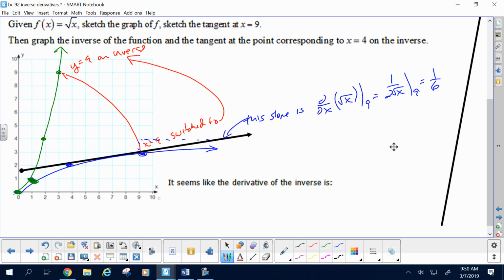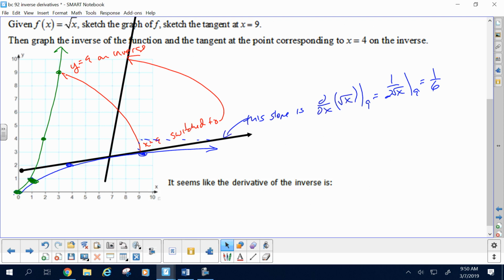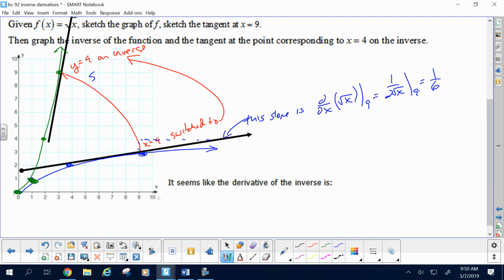Now surely this slope is not 1/6. So the question is, well, what is the slope? It's 6. Yeah, the x's and y's are getting switched. So instead of changing y over changing x, it's actually behaving the exact opposite. So this slope is 6 over 1, not 1 over 6.